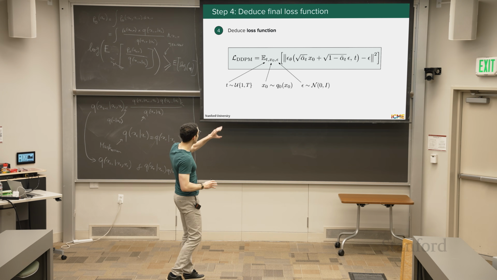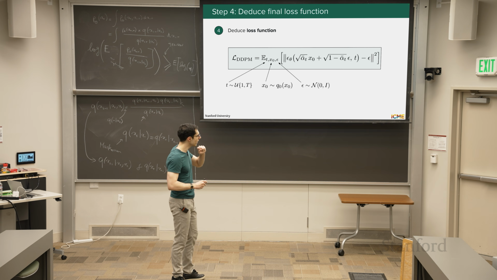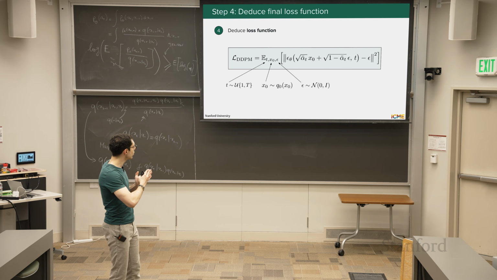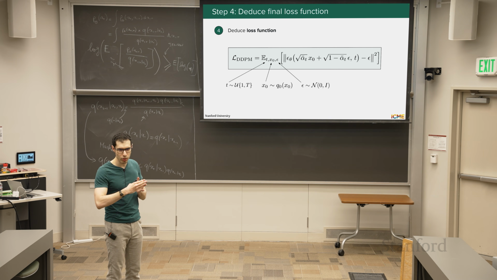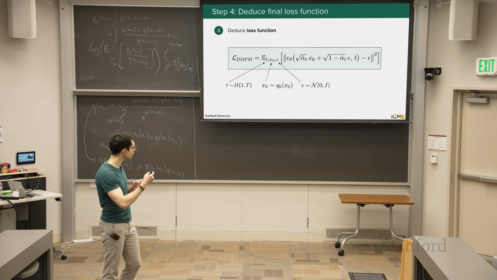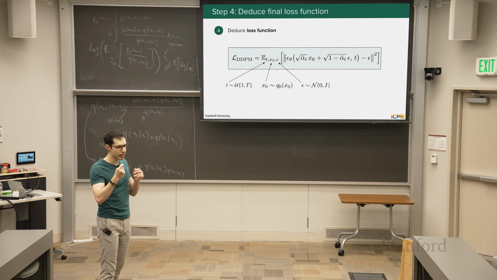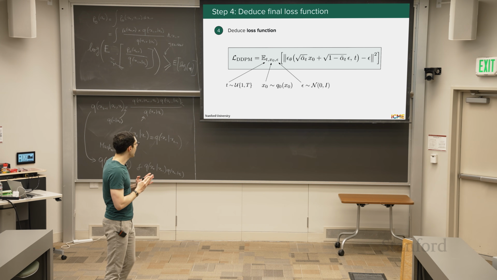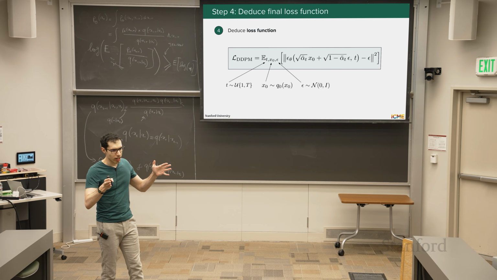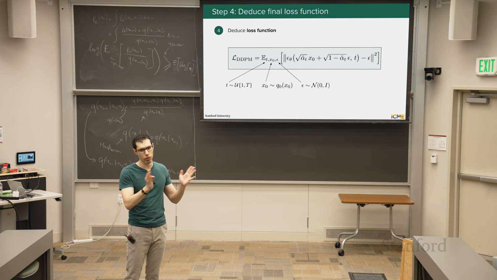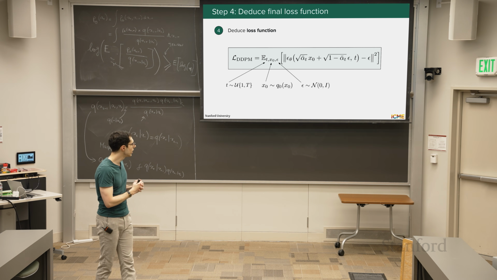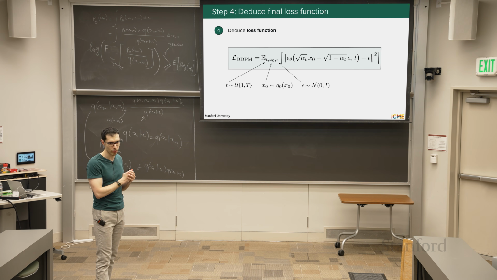What is on the right-hand side of the equal sign is an expectation over t that you sample, which is the noise level if you want, x0, which is clean images in your training set, and then epsilon is random noise that you sample from a standard normal distribution, which is basically a Gaussian of mean zero and variance the identity matrix.